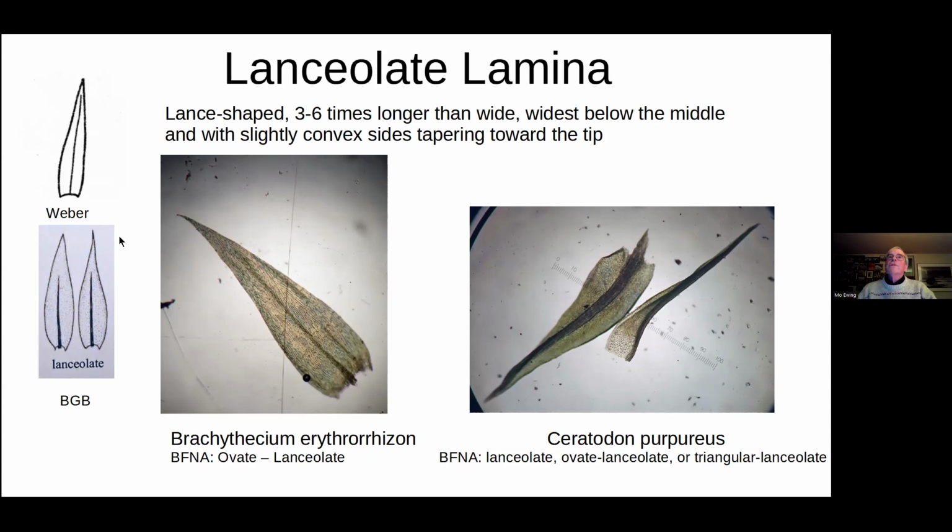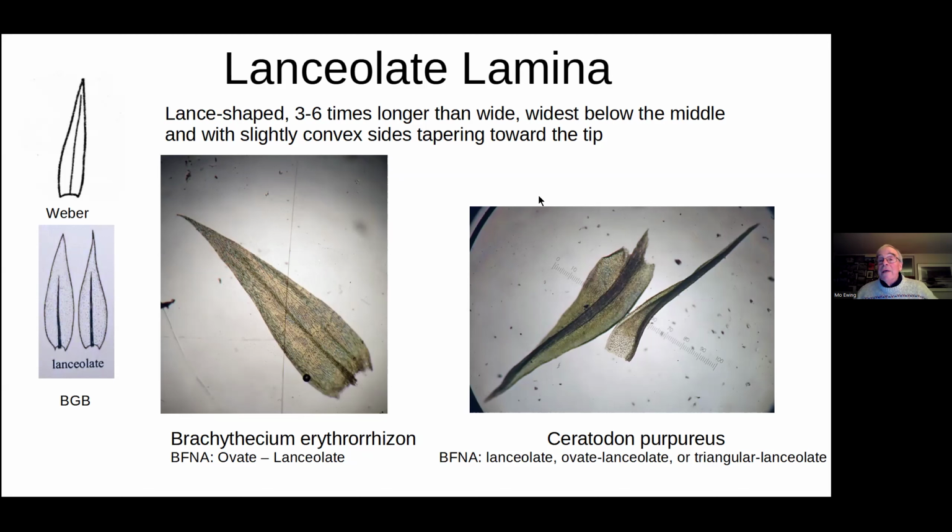But Bill Weber did an interactive key before he wrote the book, and in that key, there are all the leaf shapes that they refer to in the key. So I've set it up so that Weber and Kelly have leaf shape, they're on the left.